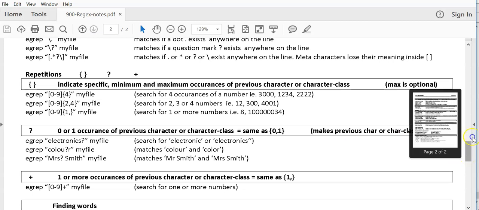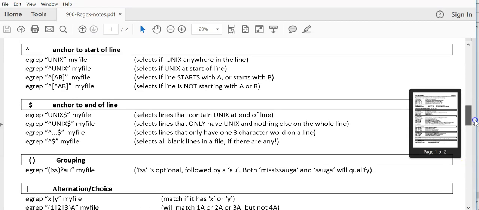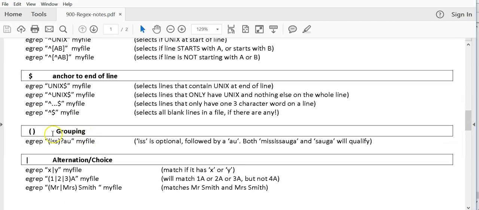So if we go back to the Mississauga example that we had here for the grouping, look how I've grouped ISS, and the question mark will now act upon not just the S, it'll act upon ISS because it's a group. And it will make the whole group optional, which means Mississauga will qualify because it's looking for ISS, which it finds right here, ISS.